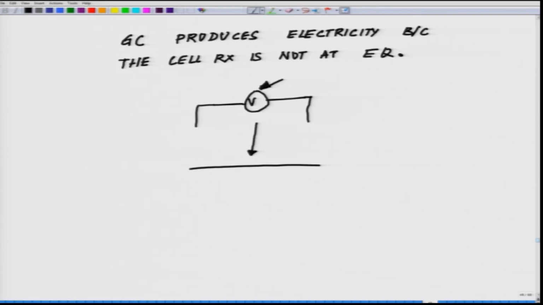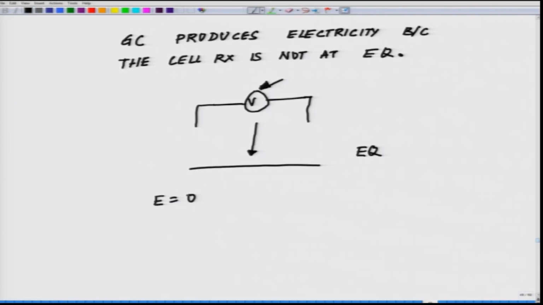There would be much more current and the concentration would change until the cell reaches the equilibrium value. At that point, nothing would drive the reaction and E will become 0. So, when a battery, which is a galvanic cell, runs down to 0 volt, the chemicals inside have reached equilibrium and the battery is dead.